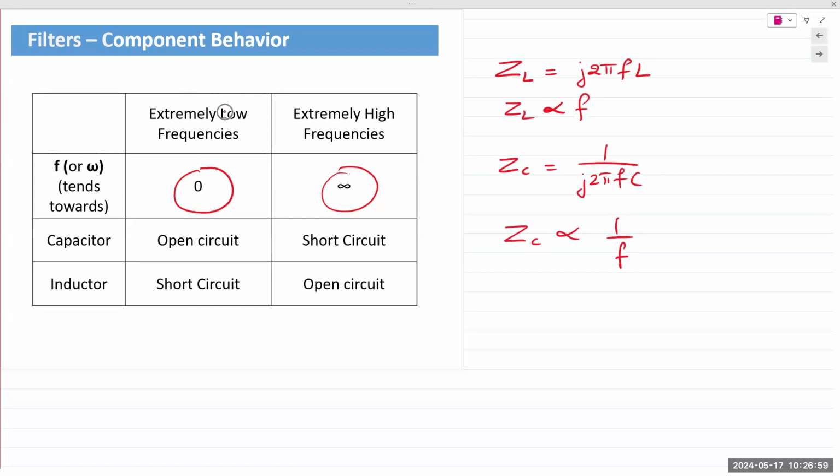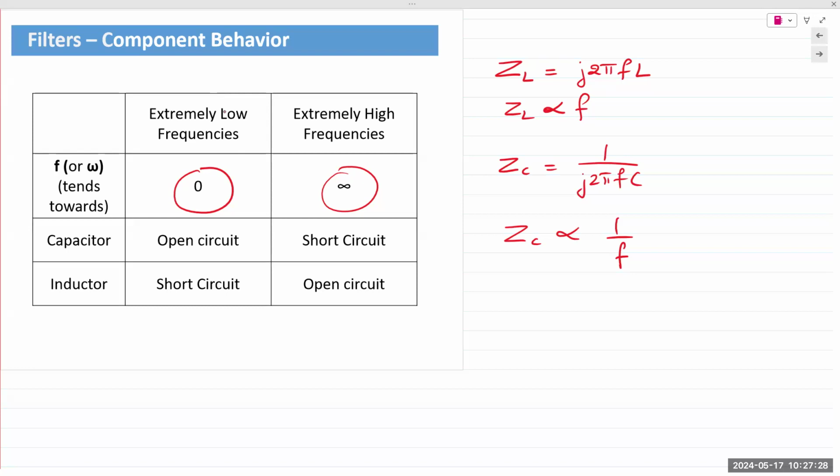Meaning as the frequency increases going towards infinity, the impedance for an inductor increases. It behaves like an open circuit. At low frequencies, an inductor behaves like a short circuit. Capacitor is the exact opposite. It behaves like an open circuit at low frequencies, and behaves like a short circuit at high frequencies.